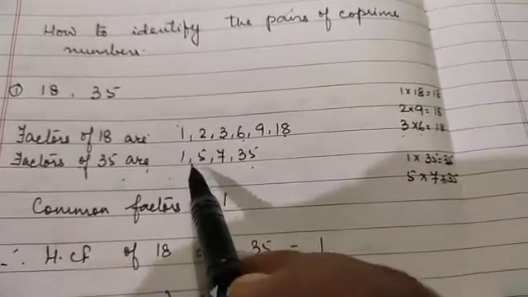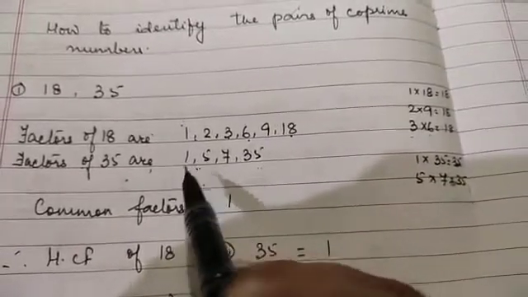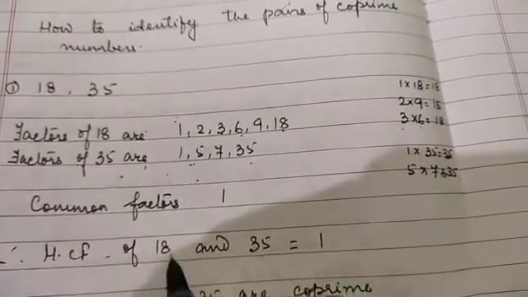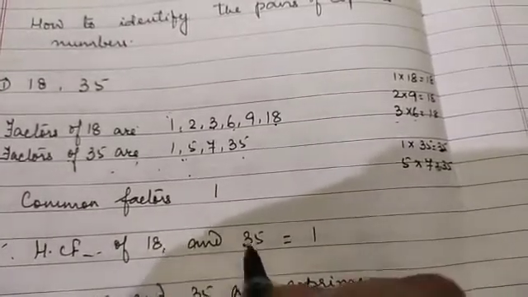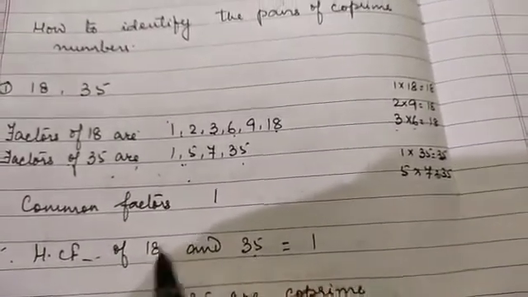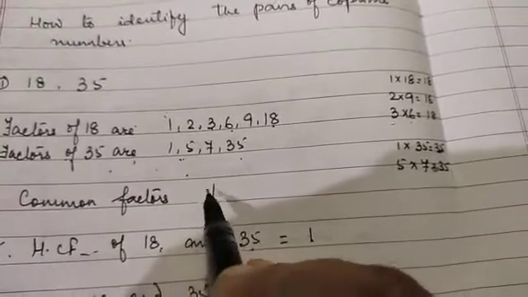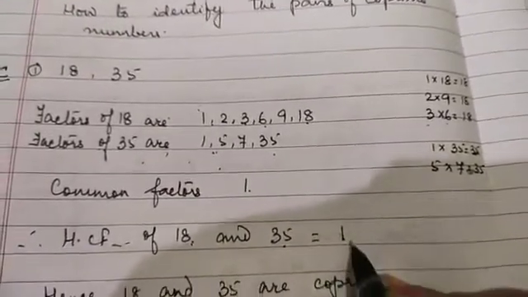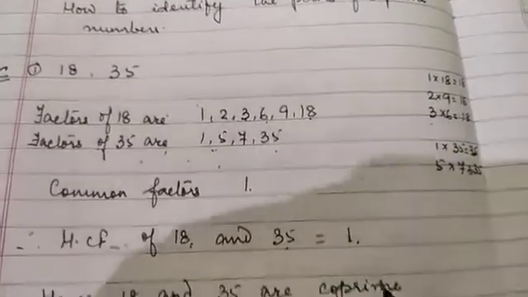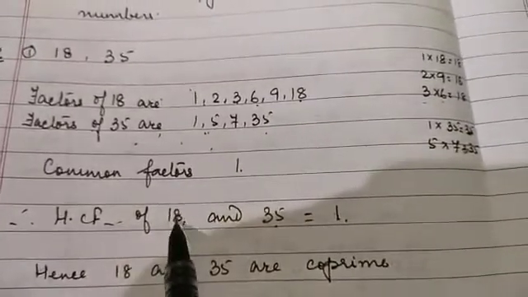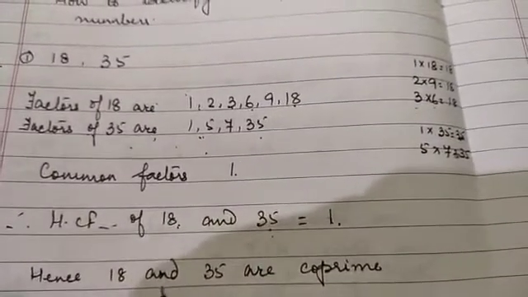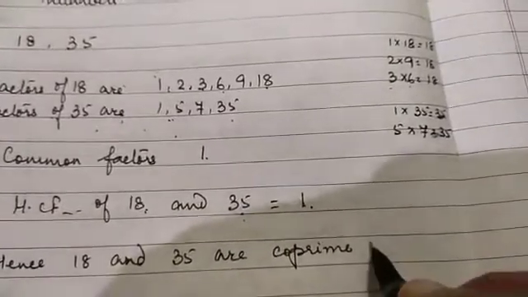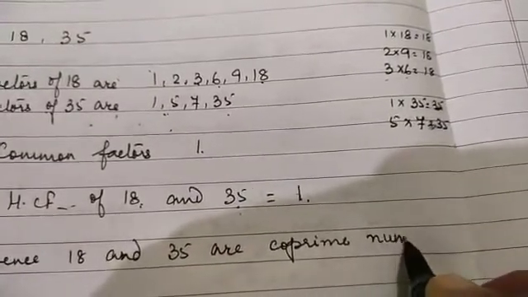So the HCF of 18 and 35 will be how much? It is going to be 1 because only 1 is the common factor. So the HCF is also 1. So when HCF is 1, then these two numbers 18 and 35 are said to be co-prime numbers.